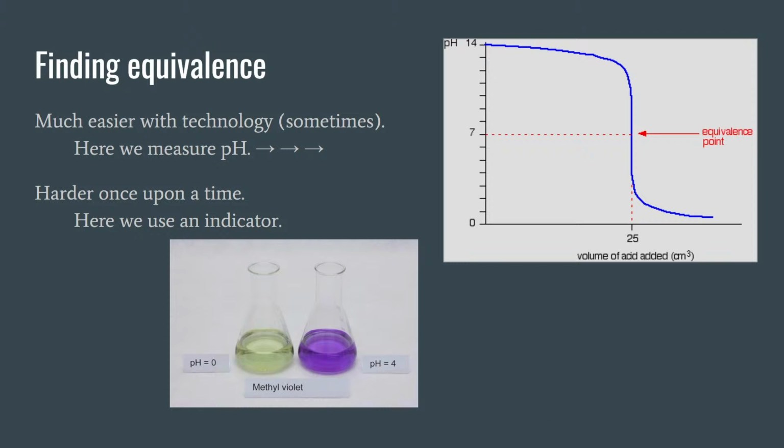So sometimes finding equivalence is easy, or easier with technology. For example, here we have a solution of some base, a strong base, so probably sodium hydroxide or potassium hydroxide. So we're starting at this really high pH, really, really basic, and we're adding some sort of acid to it.